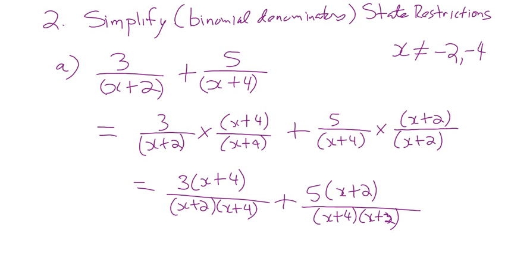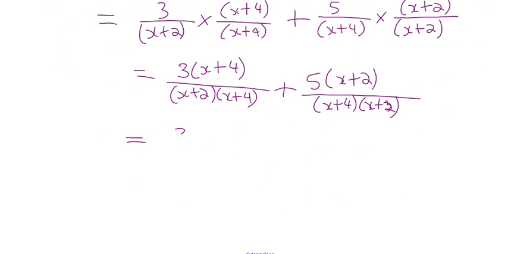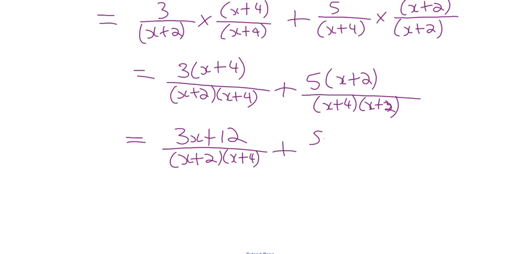Everybody's good so far? Okay, now we're just going to expand, so this will be 3x plus 12 over, and this will be 5x plus 10 over, and I'm just going to reorder that. It doesn't matter what order you multiply in, so this way they look the same, x plus 2, x plus 4.